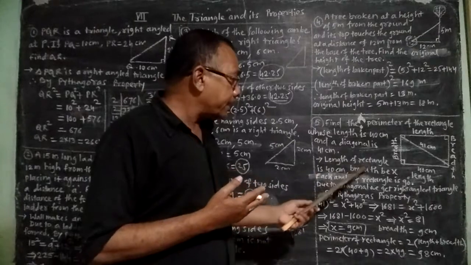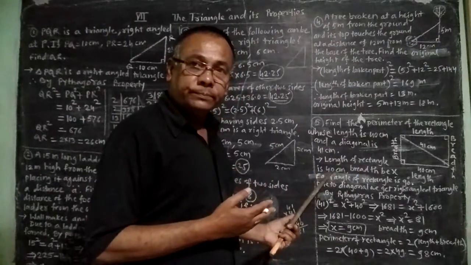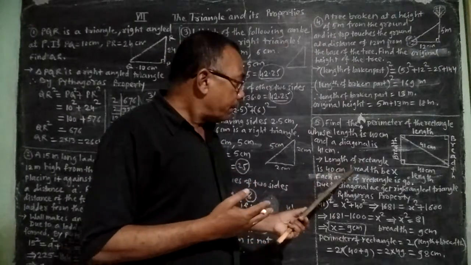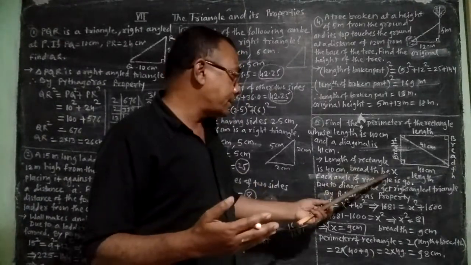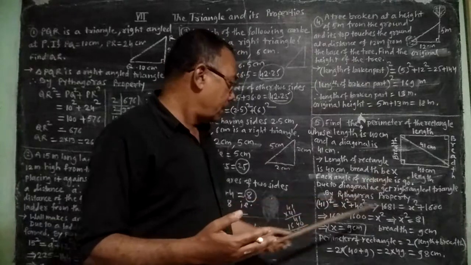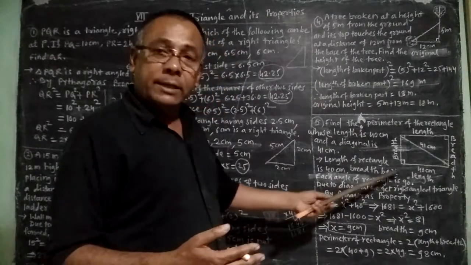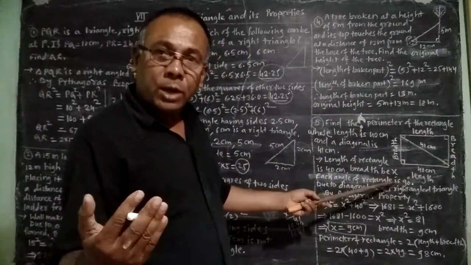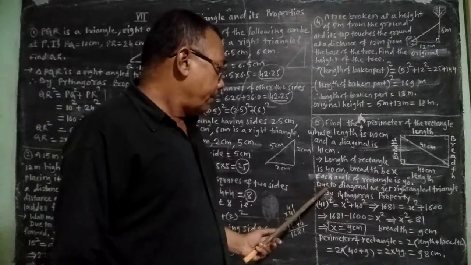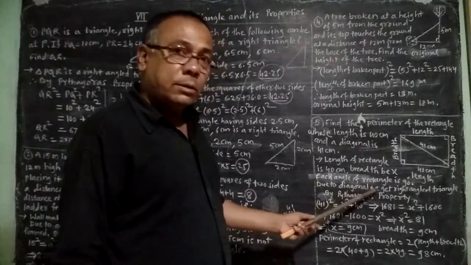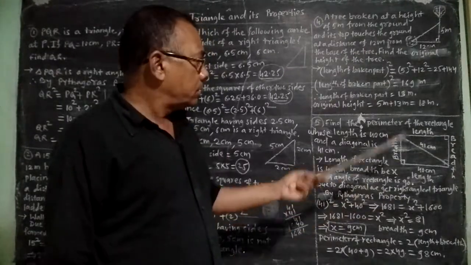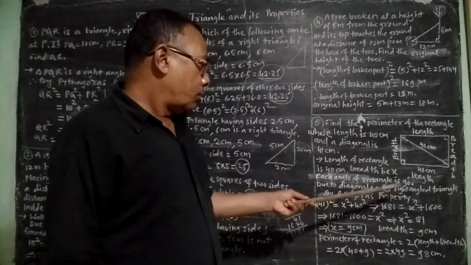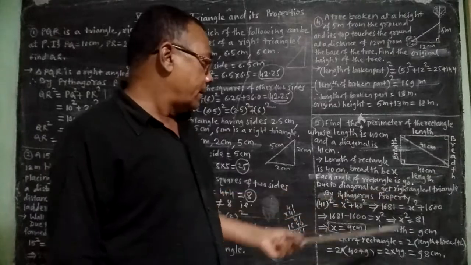So length of the rectangle is 40 centimeter. Breadth we don't know, so we have considered the breadth to be x centimeter. Each angle of the rectangle is 90 degree, just now I have told you. And due to one diagonal of the rectangle, we get a right angle triangle.